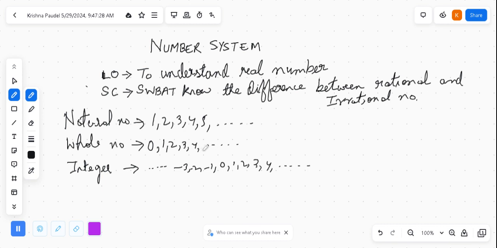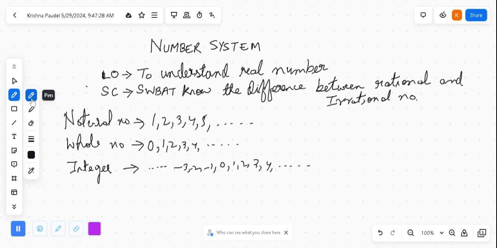But in this topic we will be learning something new, and that is called rational number. So we should have the knowledge about natural numbers: all the counting numbers, or numbers starting from 1. Whole numbers means numbers starting from 0, 1, 2, 3, 4, and so on. Integers means all the negative numbers and positive numbers including 0.